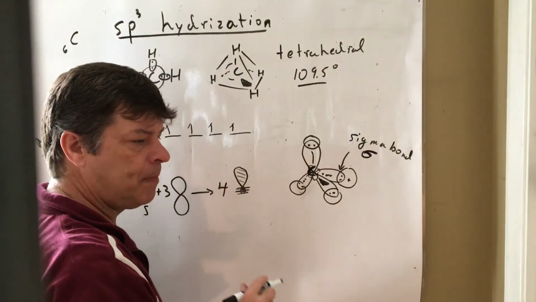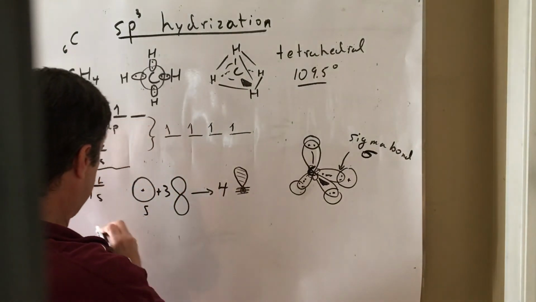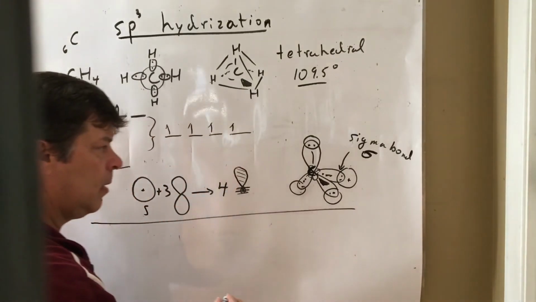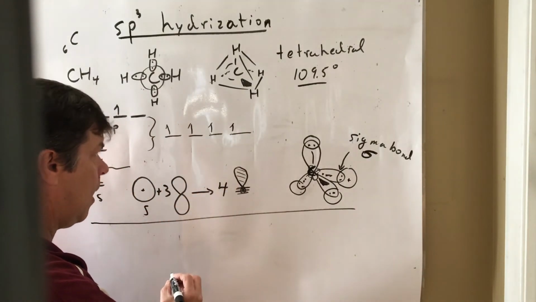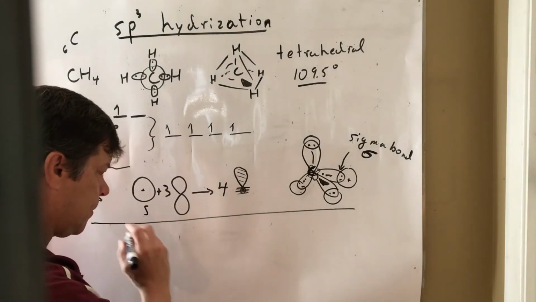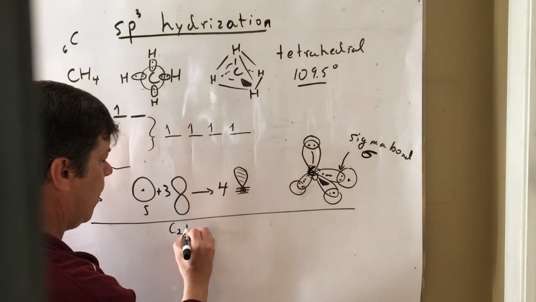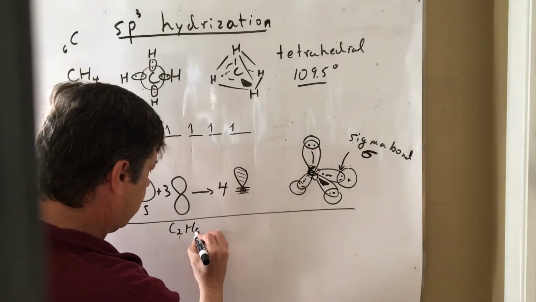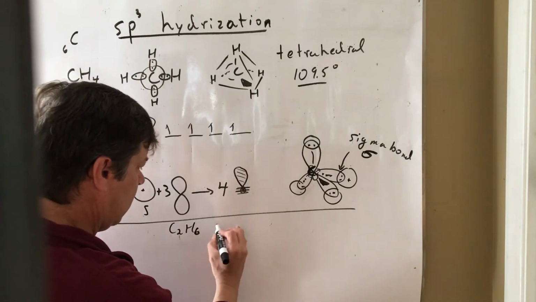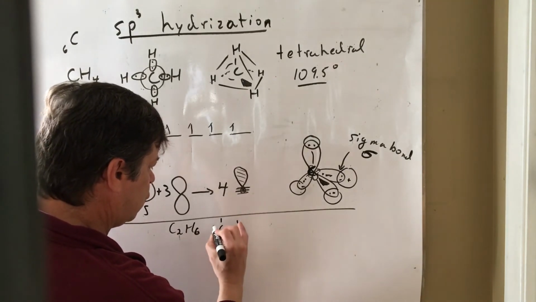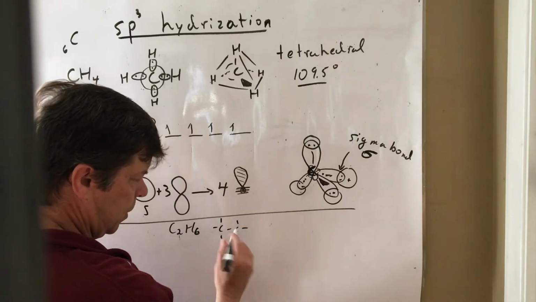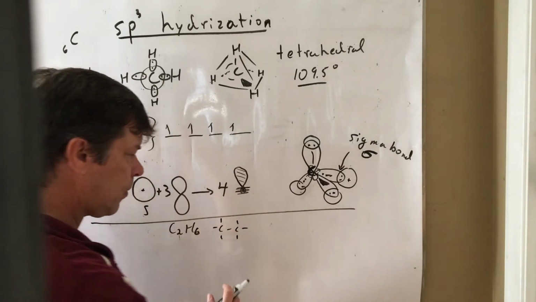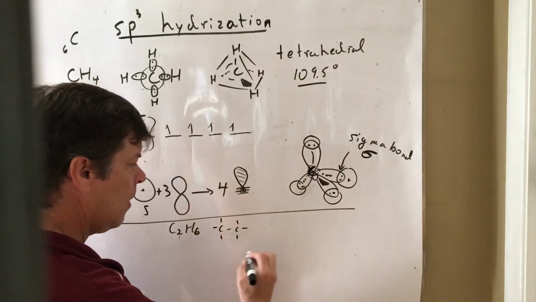Let's look at ethane and see what that would look like. Ethane, of course, is C2H6. We know it looks like this, tetrahedral around each carbon atom. I'm hoping you can see this in the video.